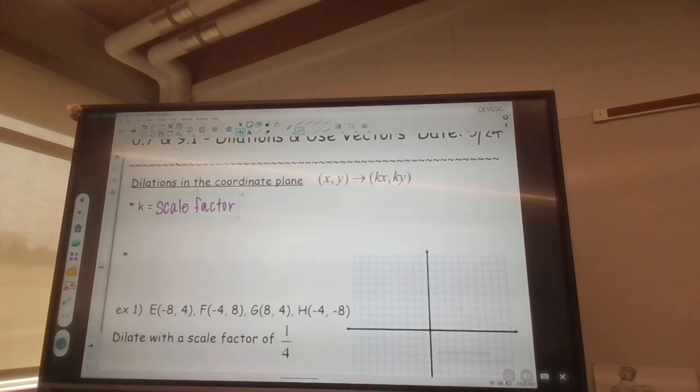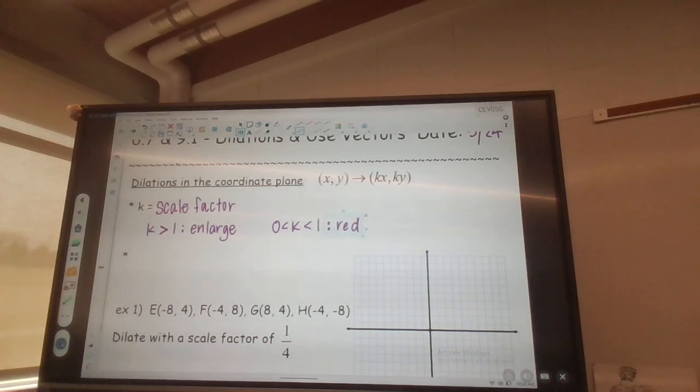So if k is greater than 1, then it's going to enlarge. So that's k is greater than 1. Now if k is in between 0 and 1, it's going to reduce or get smaller. Oh, it's not negative. We don't really deal with negatives much here.